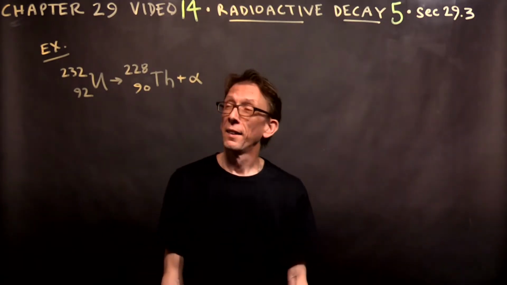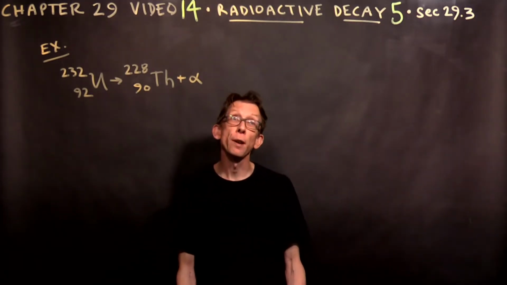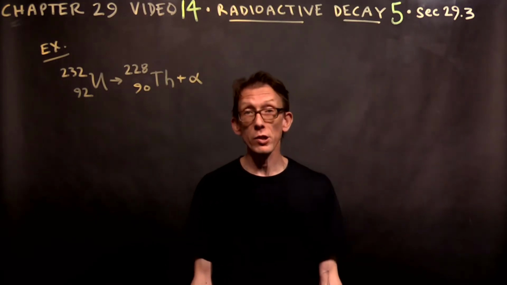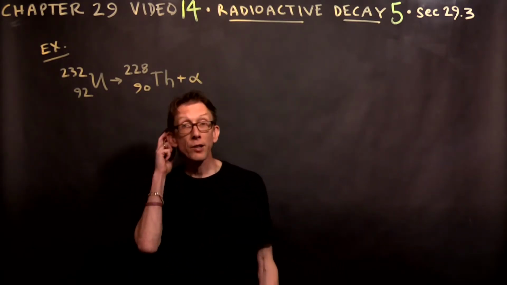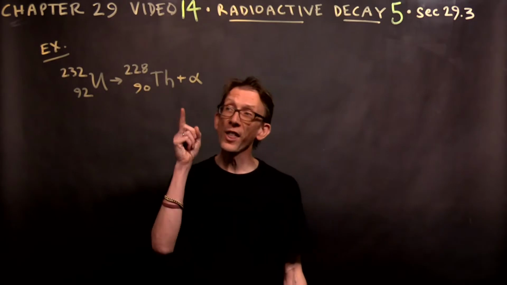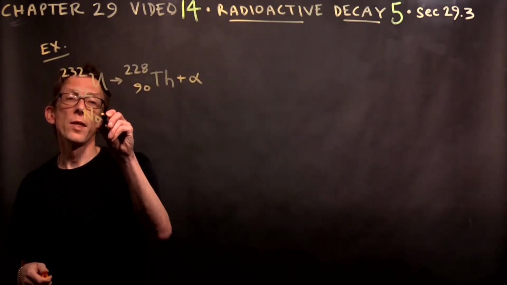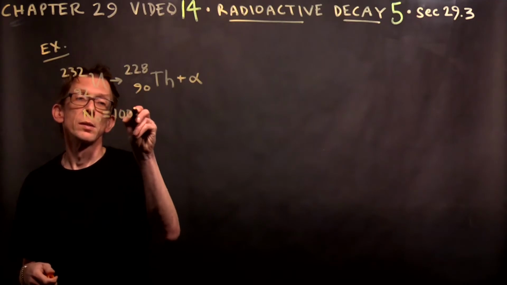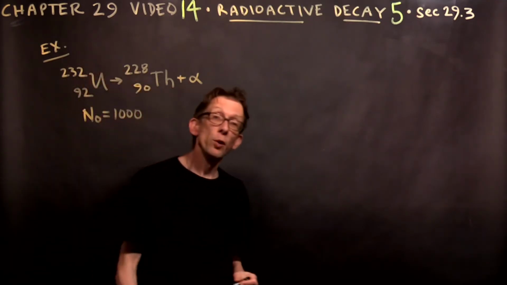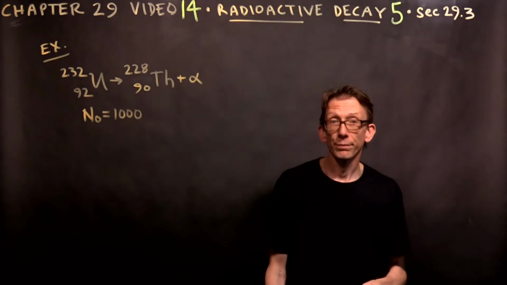Hi, I'm back. So we're going to do an example here of radioactive decay, do a little calculation to show you how this works. Here's the situation. We've got a box of 1,000 uranium-232 nuclei.